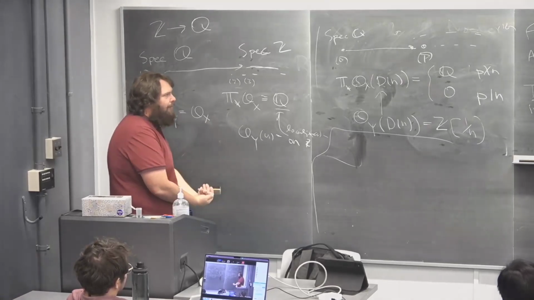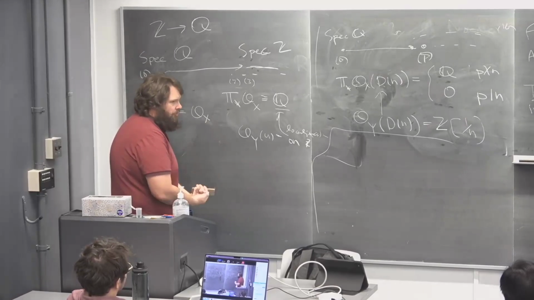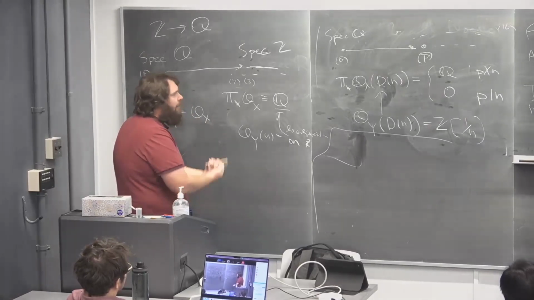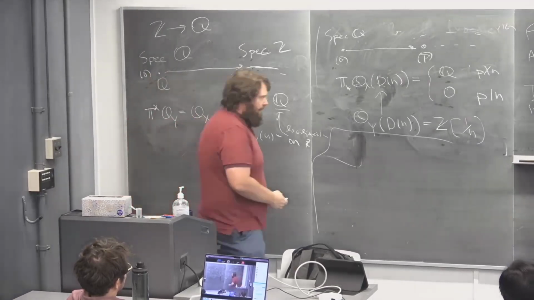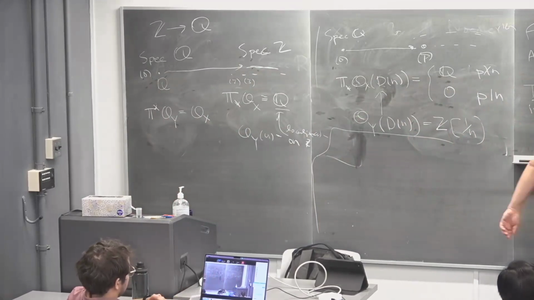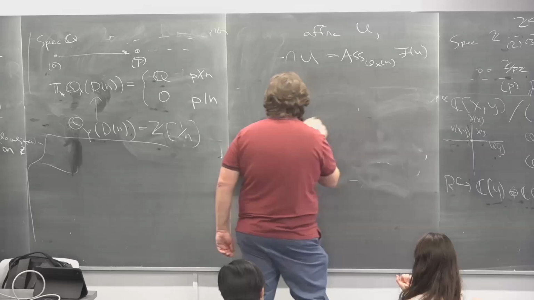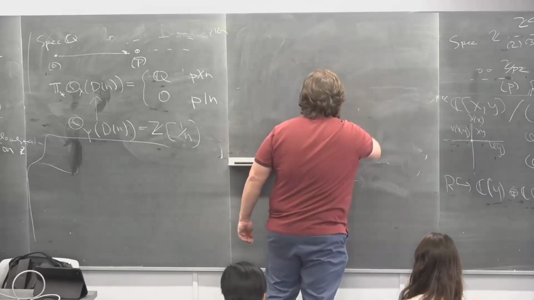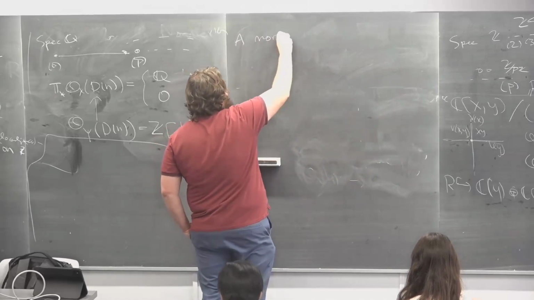And when I have ring homomorphisms between local rings, I often want to add an extra condition to them, which is that the pre-image of the maximal ideal is the maximal ideal. A morphism of local rings.